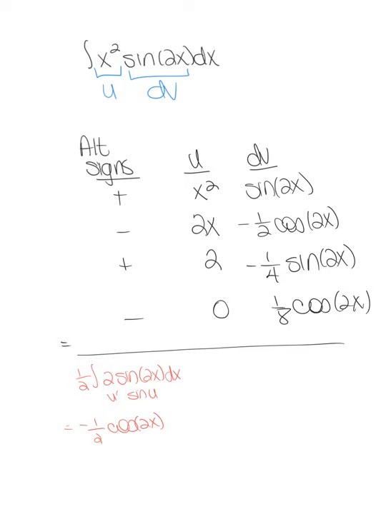So again, what we're going to do is we're going to read across and down. And so that's going to give me a negative 1/2 x squared cosine of 2x. Then I'm going to read across and down again. That's going to give me a negative 2 times 1/4, which gives me a positive 1/2 x sine of 2x.